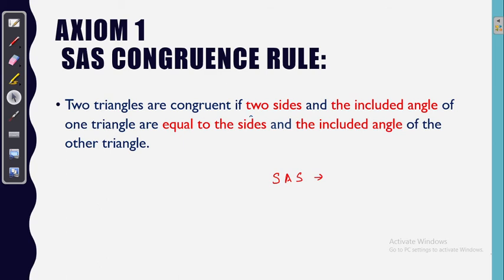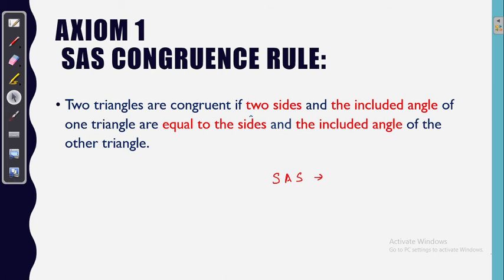If the triangles are congruent, then the two sides and the included angle of one triangle are equal to the other triangle's two sides and the included angle, ma'am.